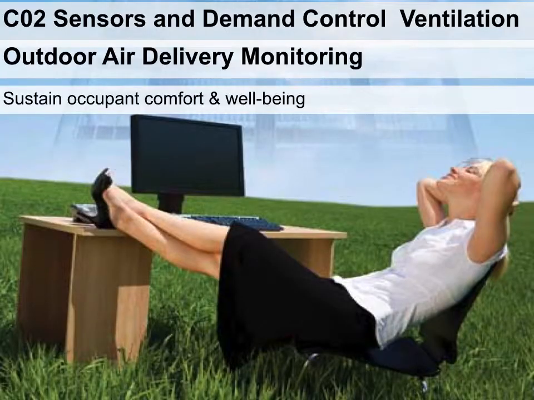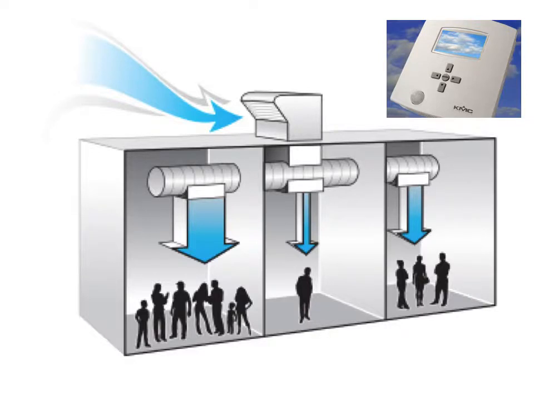We had looked at this also during one of our previous lectures, but CO2 sensors and demand control ventilation. Remember, CO2 sensors are something that sense the amount of people exhaling. We exhale CO2. We breathe in oxygen.